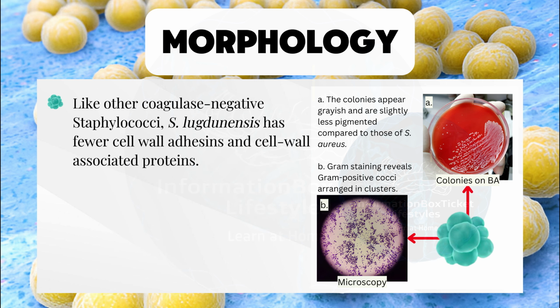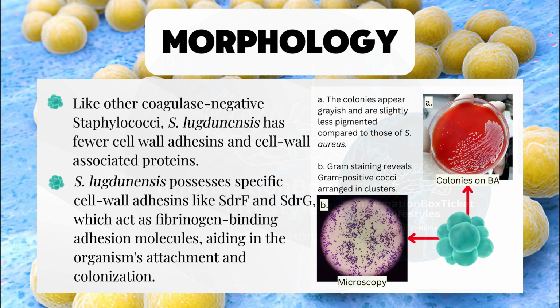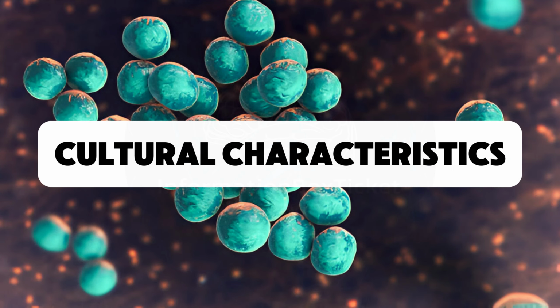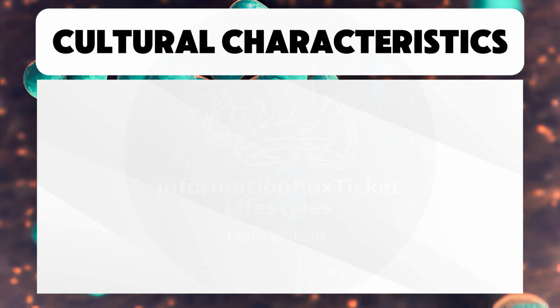Like other coagulase-negative staphylococci, Staphylococcus lugdunensis has fewer cell wall adhesins and cell wall-associated proteins. Staphylococcus lugdunensis possesses specific cell wall adhesins like SdrF and SdrG, which act as fibrinogen-binding adhesion molecules, aiding in the organism's attachment and colonization.